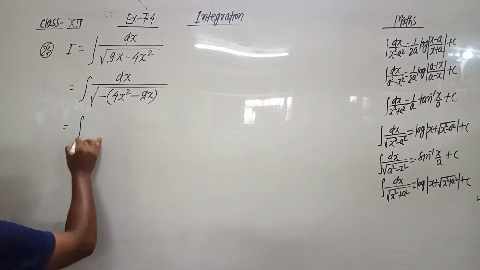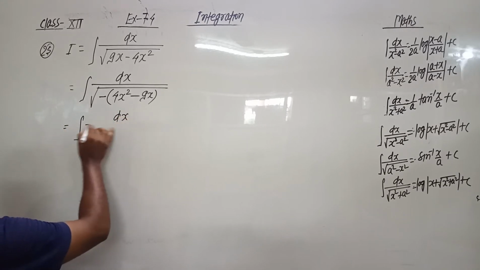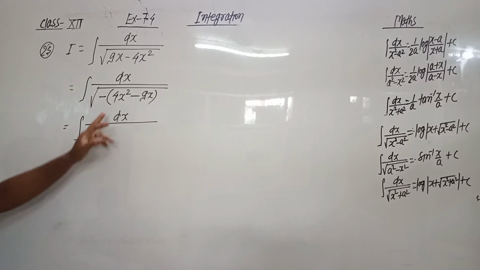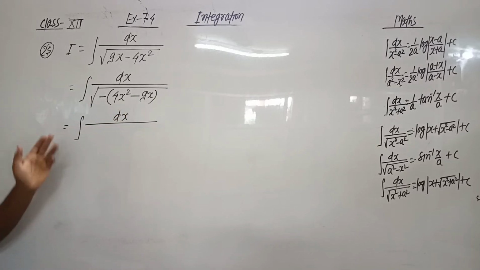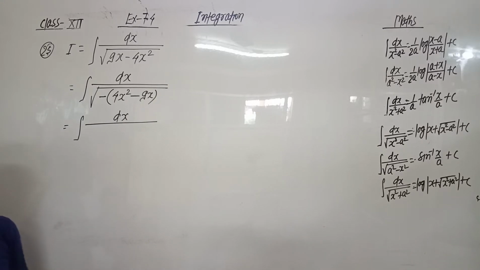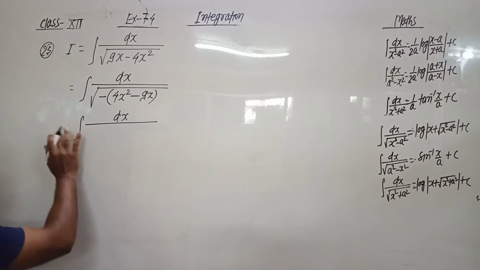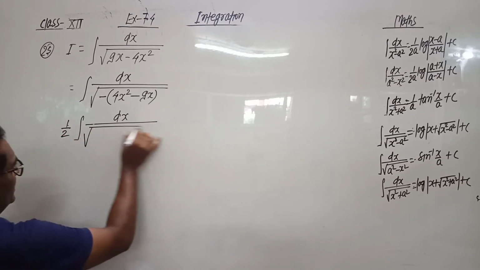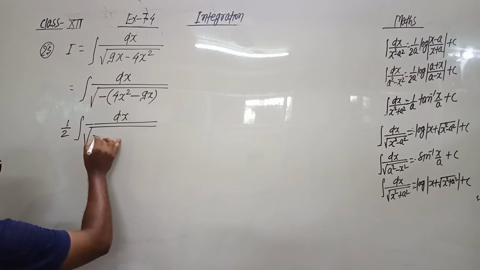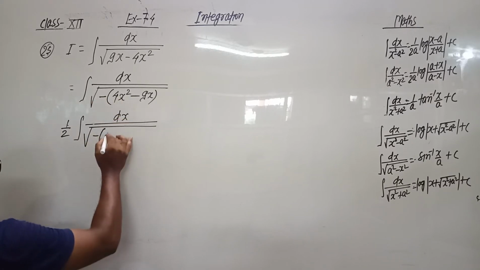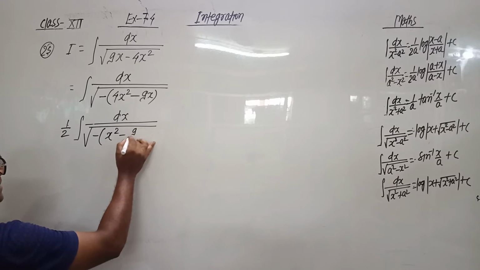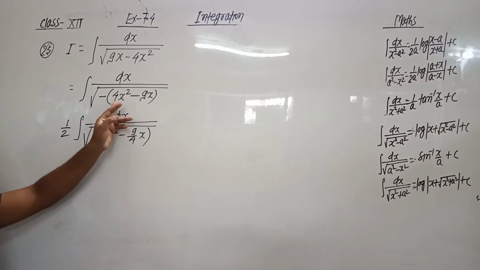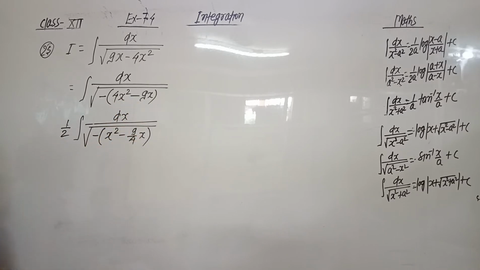So we will take 4 as common inside the bracket and inside the square root. 4 we will take common, and the square root of 4 is 2, so 1 by 2 goes outside. So 1 by 2 integration dx upon minus, and this becomes x square minus 9 by 4x. We have taken 4 as common, so both the terms will be divided by 4.